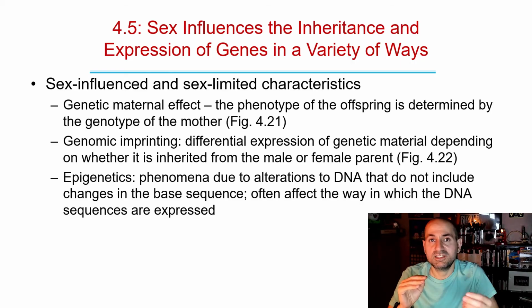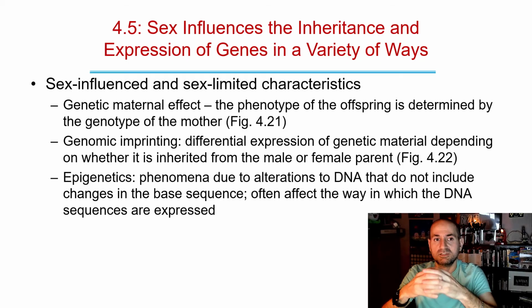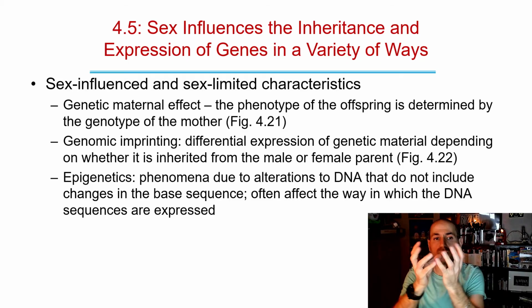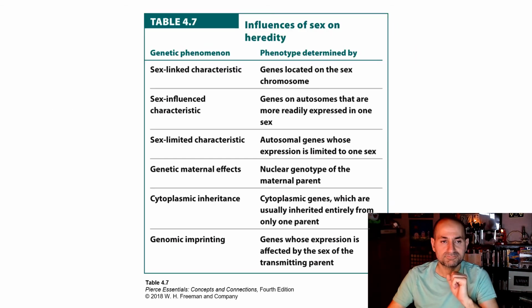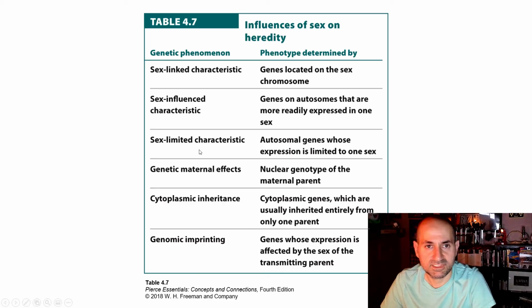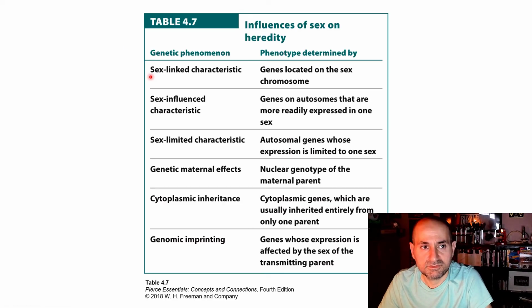If you modify the histones, remember the histones in the chromatin, you can modify the little histone tails to either open up the gene so it can be read, or close up the gene so it can't be read, to silence the genes. So let's go through these again and define each one. We've touched on these before, but sex-linked characteristics, these are genes located on the X chromosome, the sex chromosome.